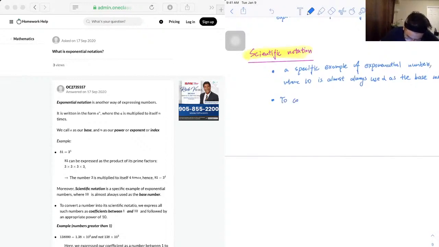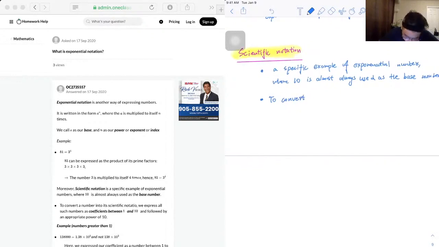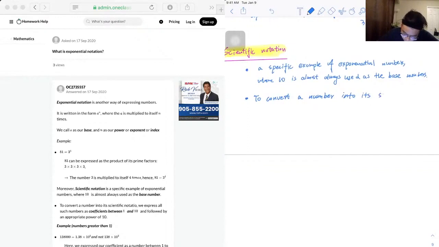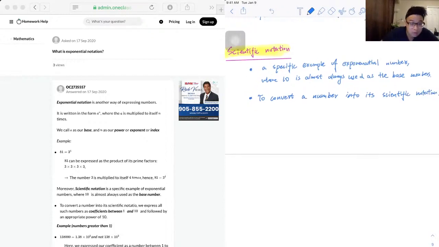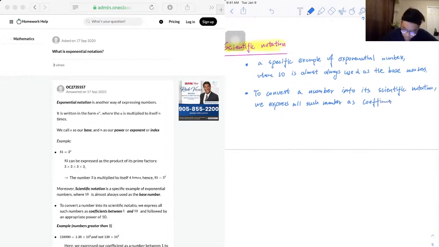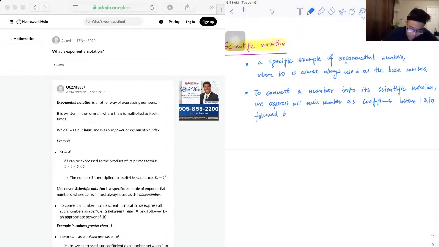So to convert a number into its scientific notation, we express all such numbers as a coefficient between 1 and 10, followed by an appropriate power of 10.